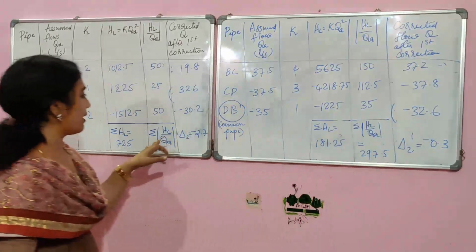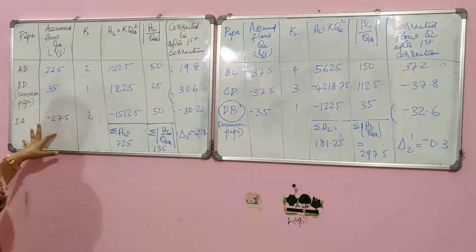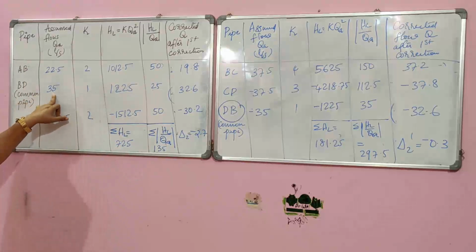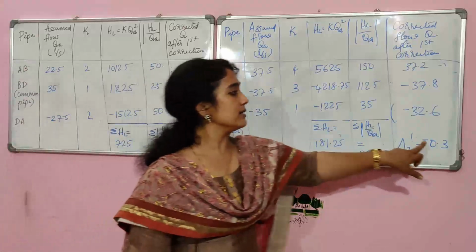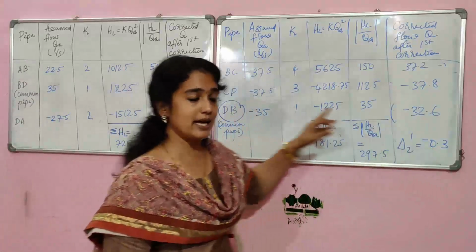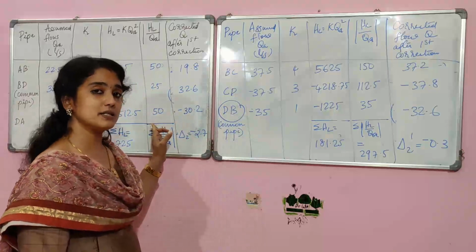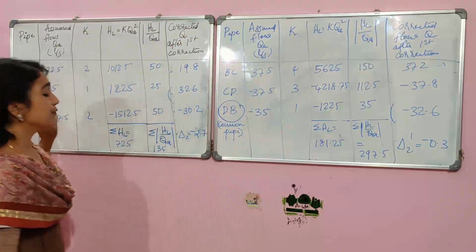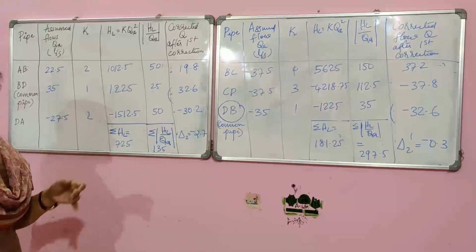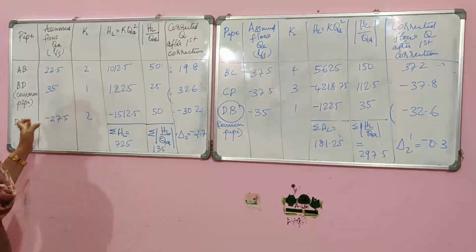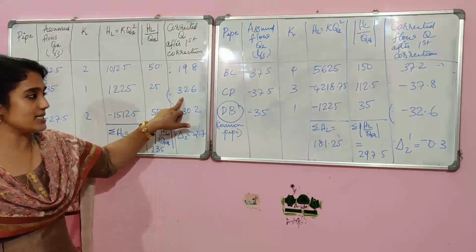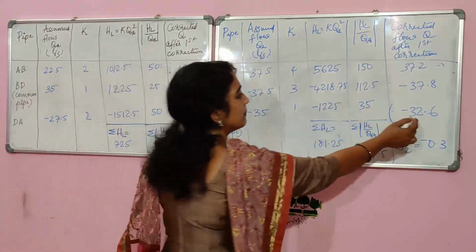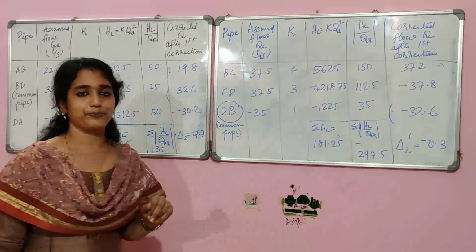And here also you have to add the correction for the common pipe, that is 35 minus 2.7. Here the value is minus 0.3, then you have to add plus 0.3 in the first loop for the second correction. And you get a value of plus 32.6. These are equal but opposite.